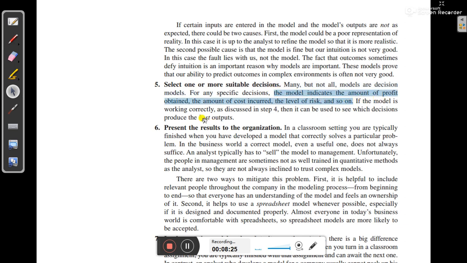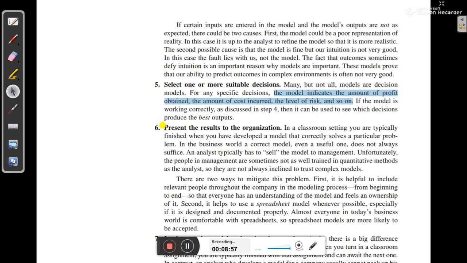If the model is working correctly, then we can apply it to a specific set of cases and present the results to the organization. We need to run the model on a few samples so that we can prove that our model is working fine.